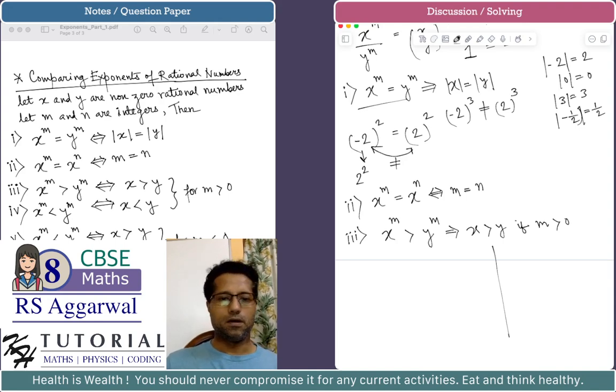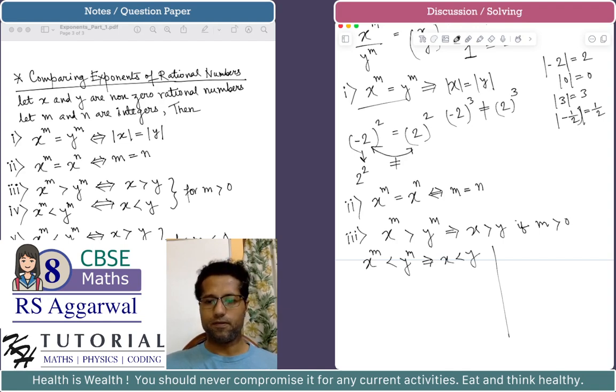But we will have x to the power m less than y to the power m. This will imply x less than y, also if m is greater than 0.